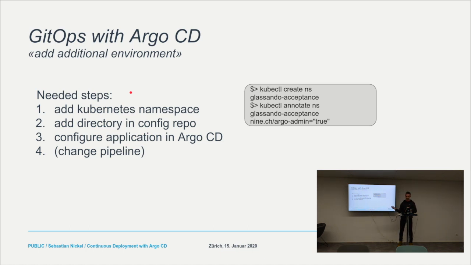So you don't need to click. But I already have 3 Git repos. I didn't want to overwhelm anybody. That's why I'm clicking. But it's a really cool thing. That apps and apps principle is a really cool thing, because then you just go to the Git repo, you basically copy that one manifest, and you just defined your new environment or new application. And in the end, yeah, if I add a new environment, I also need to change the pipeline, right?